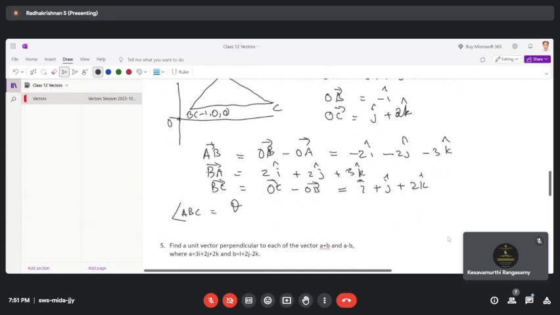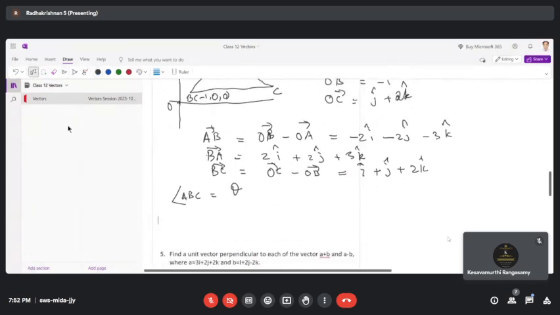How can we write a formula using this angle? Tell me, come on. It will be BA dot BC.